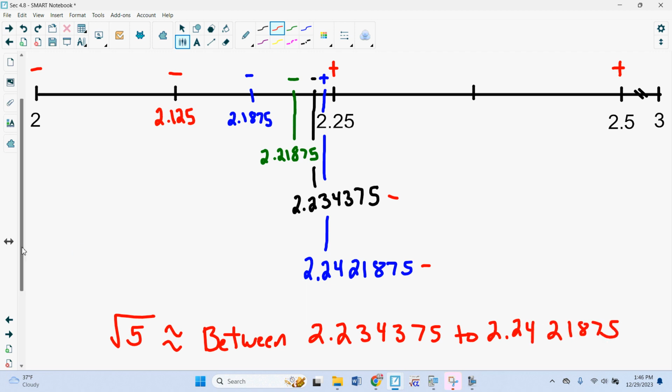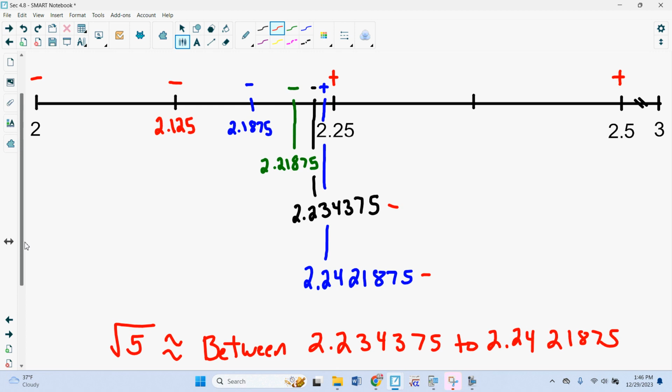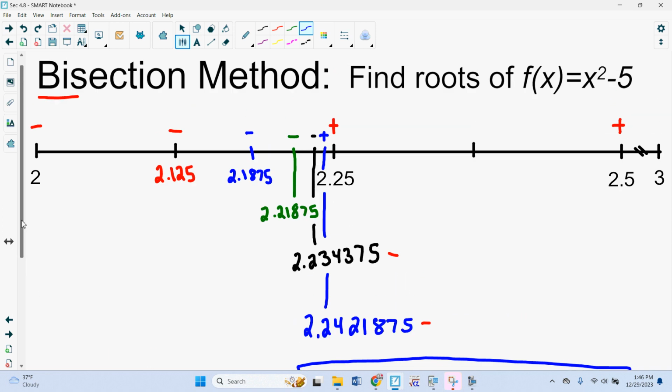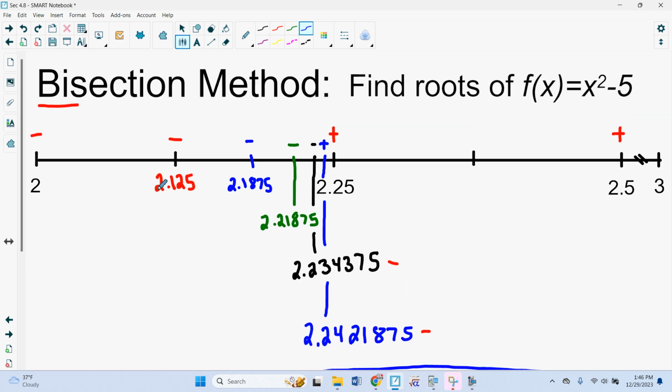and 2.2421875. And I think you can see how we could continue doing this over and over again. And the further we go, the more decimal places we could get. But we have now found an approximation for what the square root of 5 is. So that's the bisection method. That's not necessarily guess and check.